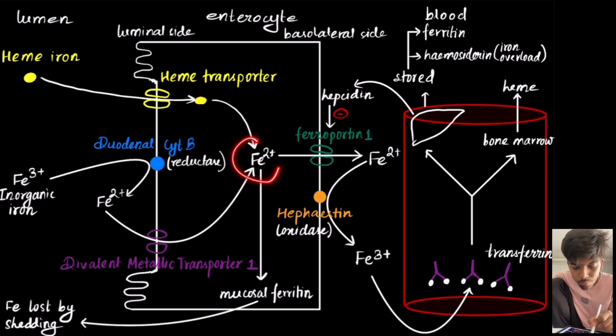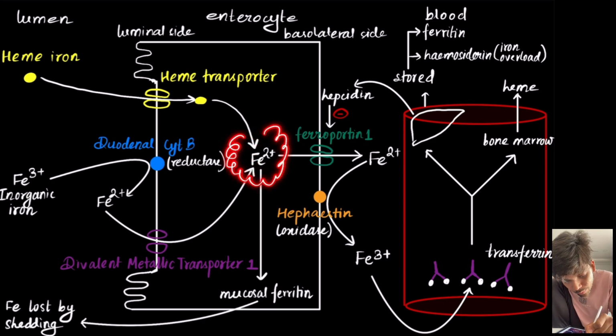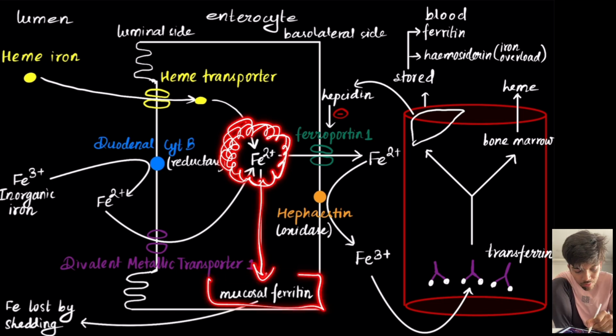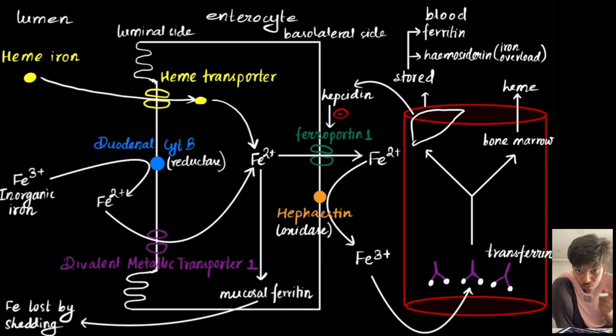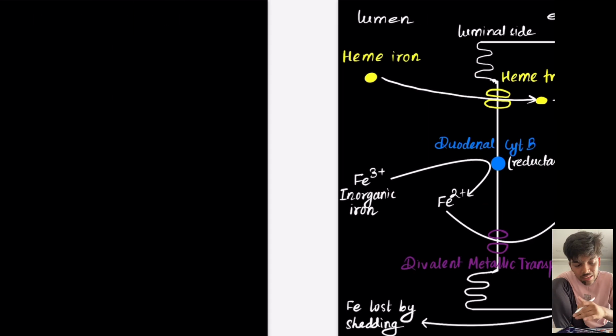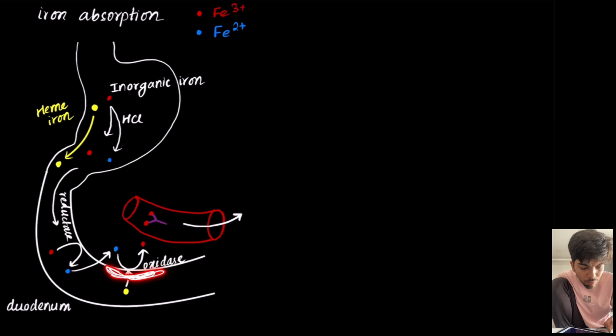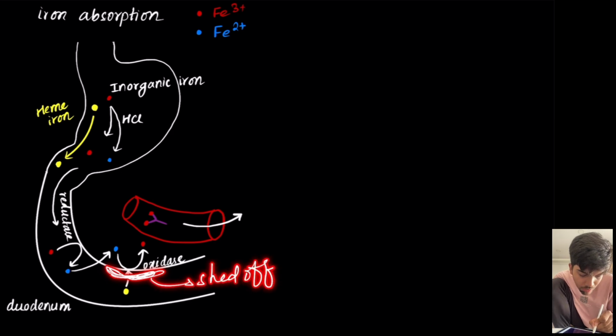What happens to the iron present within the enterocyte? This iron gets encircled by mucosal lining, and what we get is mucosal ferritin. So this is ferritin, iron stored in the enterocyte, not the liver, inside the enterocyte. As time passes, the inner lining of the duodenum gets shed and comes out in the form of stool.